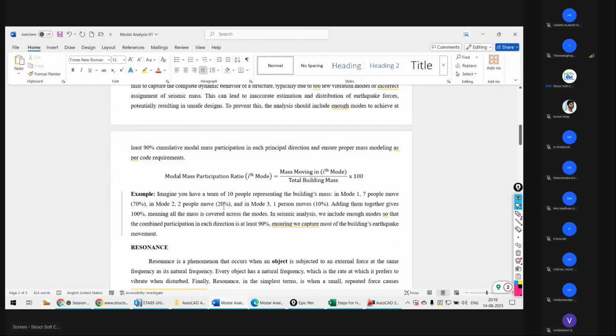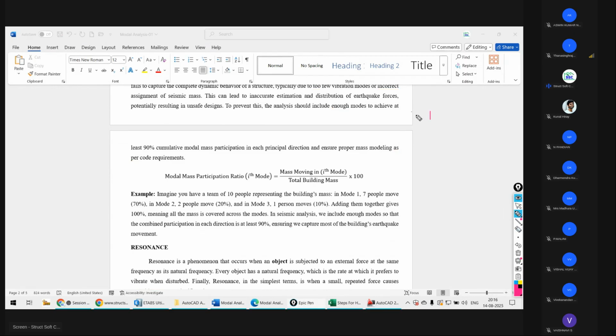Second mode, 2 people move, 20%. And third mode, 1 person moves or takes the responsibility, 10%. And when you add these 3 modes, it becomes 100% mass participation. So in seismic analysis we have to include enough modes.